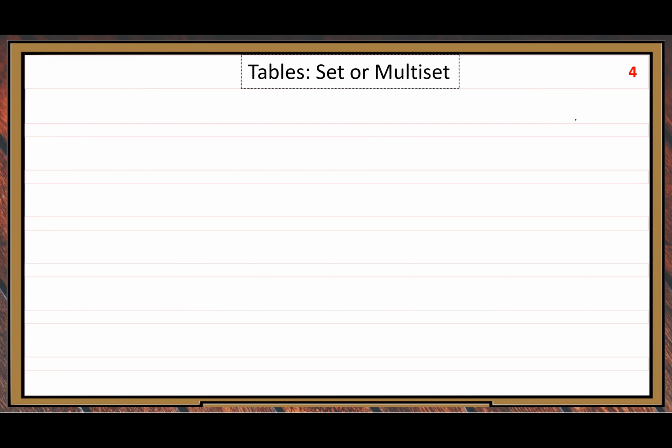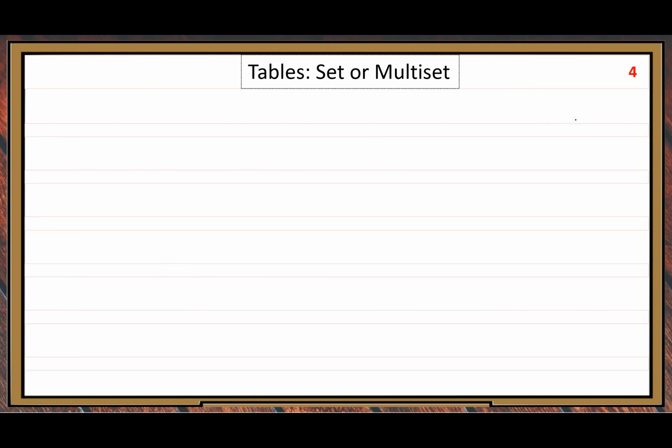So, set and multi-set. We just discussed the set, so you know the main property of the set. We focus on the order property, but a set has another property.